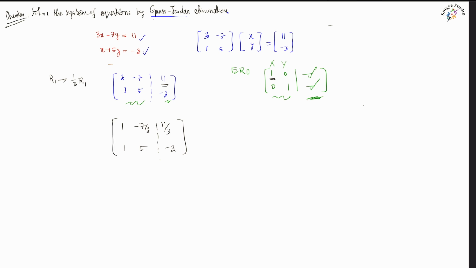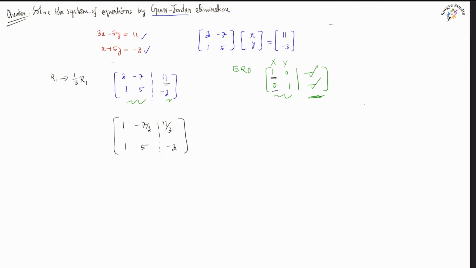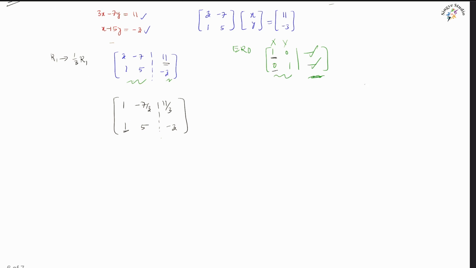Now our next goal is to change this element 1 into 0. We can succeed in this by just subtracting row 1 from row 2, right? If we subtract 1 minus 1, then we will get 0. So what I will do is take row 2 minus row 1, that is, negative row 1 plus row 2.